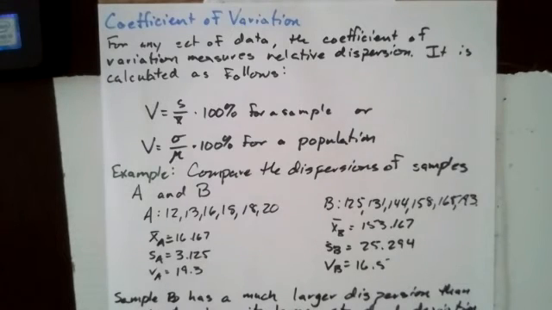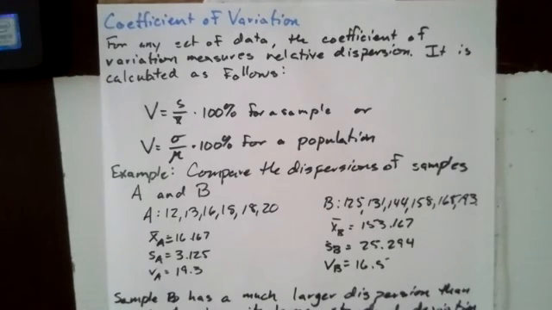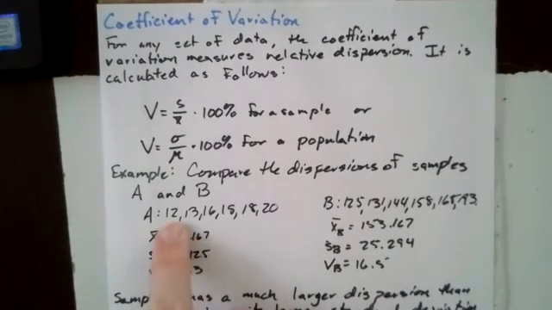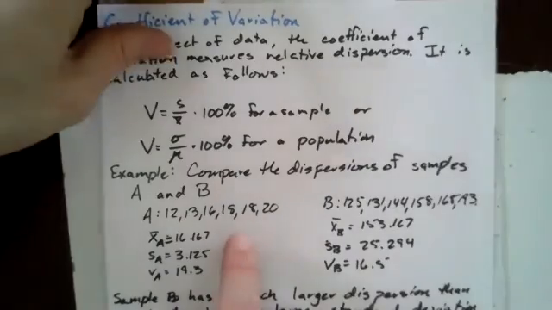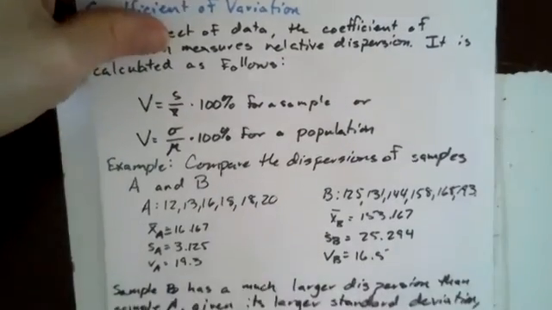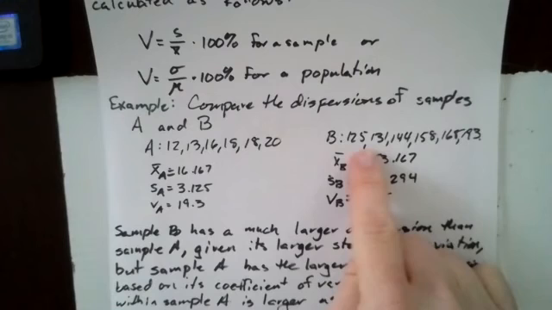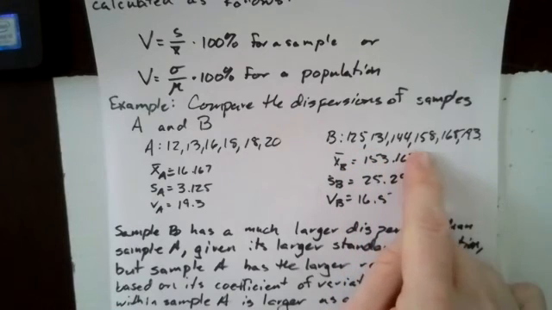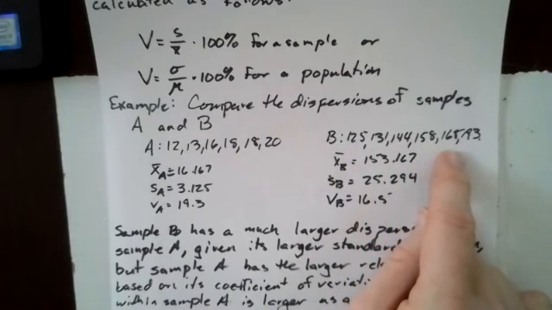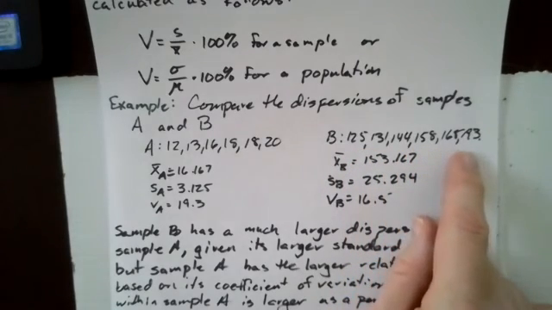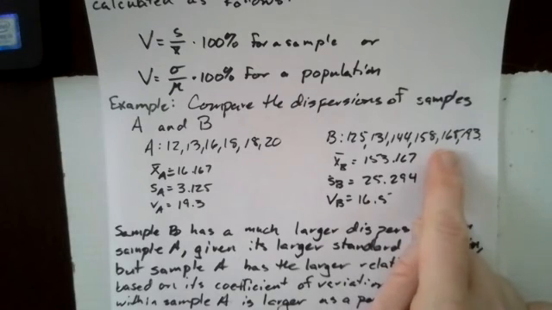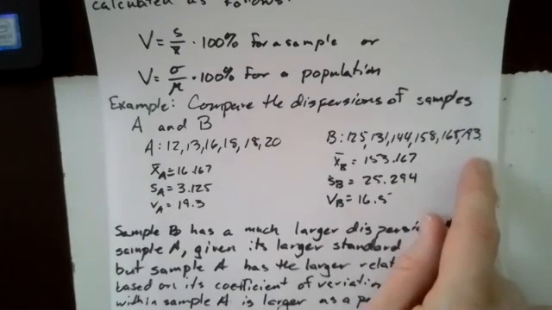So for example, compare the dispersions of samples A and B. Sample A is 12, 13, 16, 18, 18, and 20. And sample B is 125, 131, 144, 158, 168, possibly, I think that's 165, and 193.